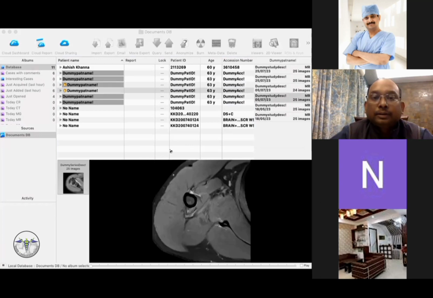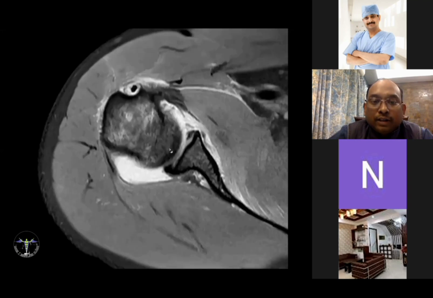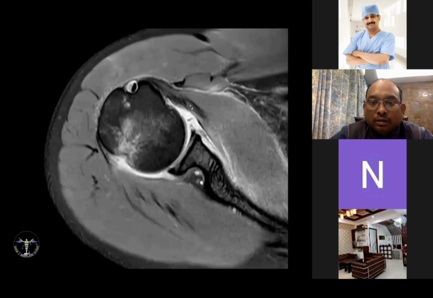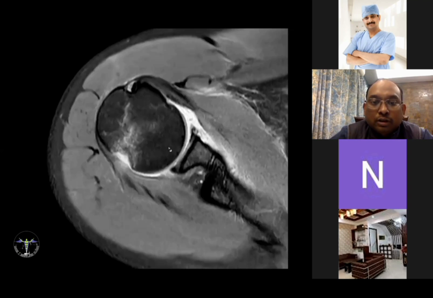So this is a different case where you're seeing a good amount of glenohumeral joint effusion. And if you see, there is a lot of edema in the humeral head, there is a big Hill-Sachs lesion, the depth is larger.